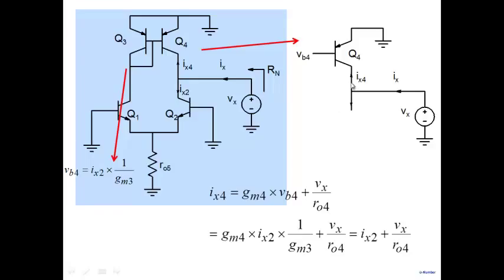So from the collector side, when you have a voltage applied to the base, you get a current source GM4 times VB4, the net voltage between the base and emitter, and then this output resistance. So we take VB4 here, put it here, and we get a value of IX4, which is equal to IX2 plus Vx by R04.